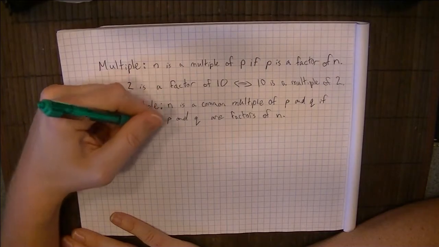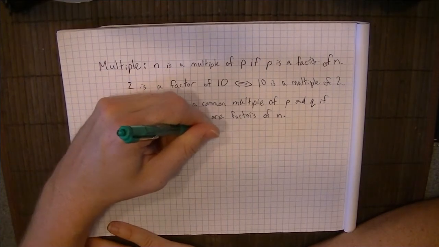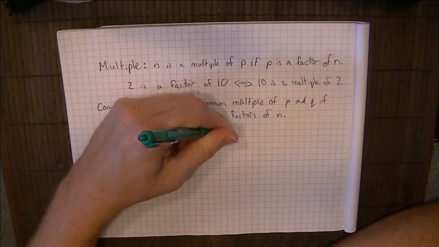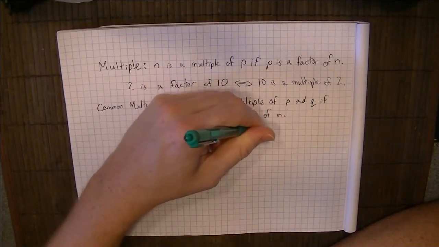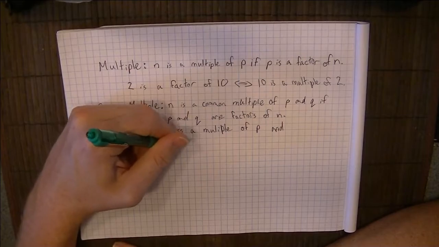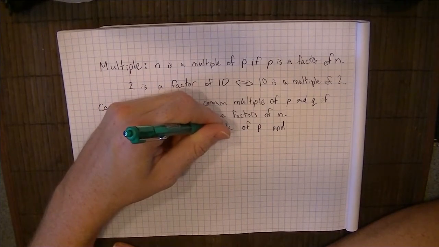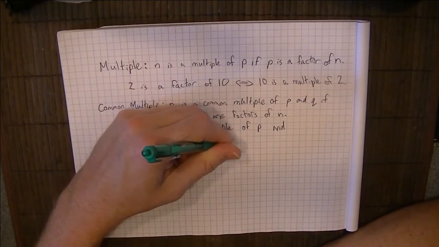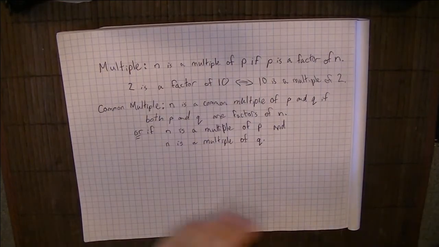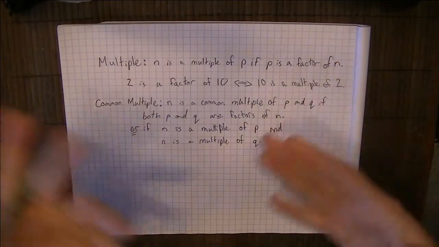Or put another way, we could just say if n is a multiple of P and n is a multiple of Q. So if you have both, it's a multiple of both P and Q, then it is a common multiple.